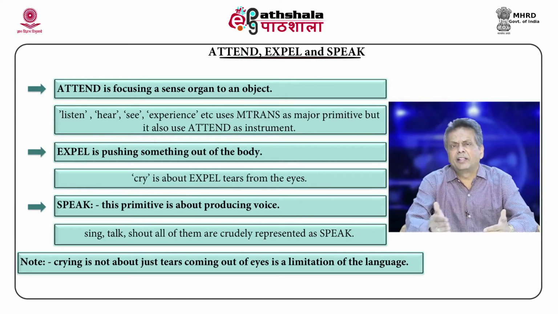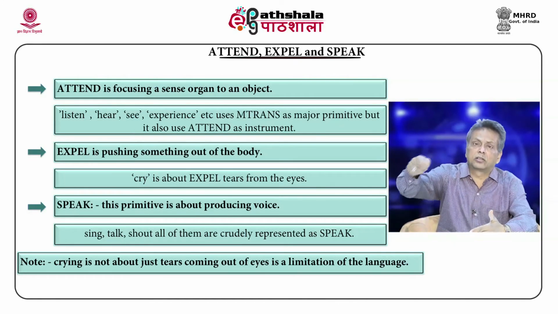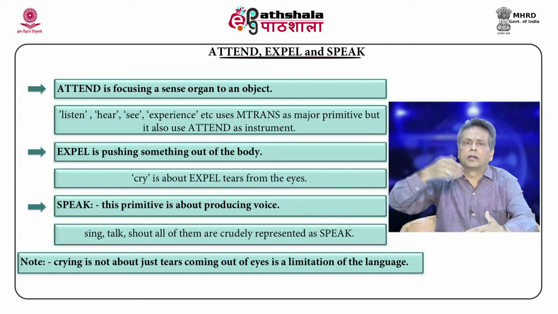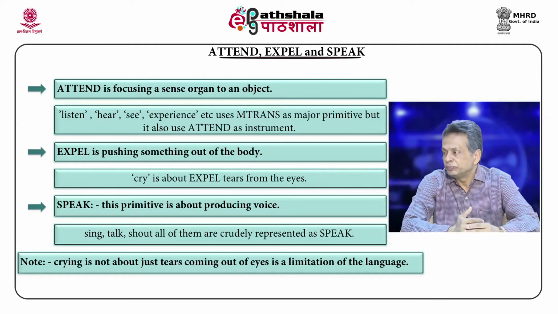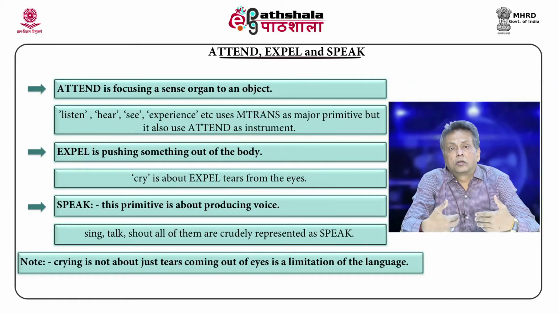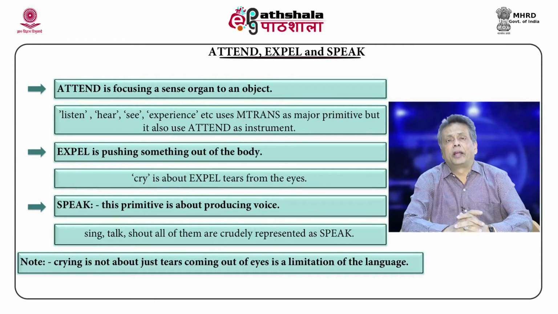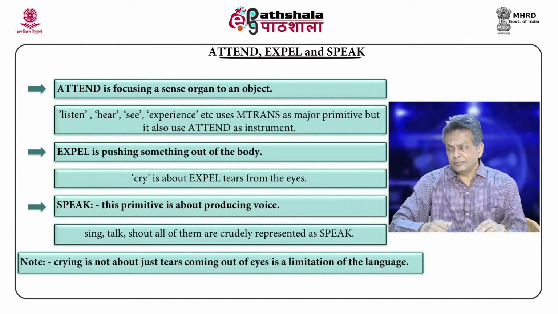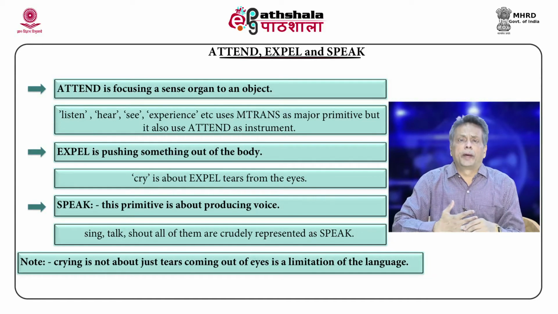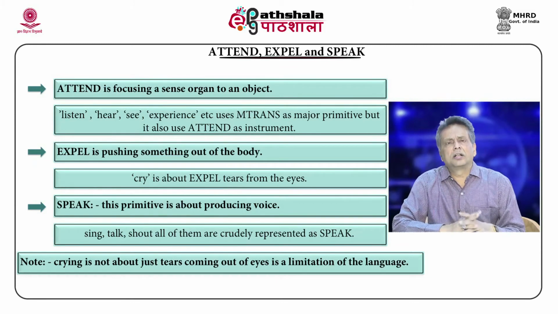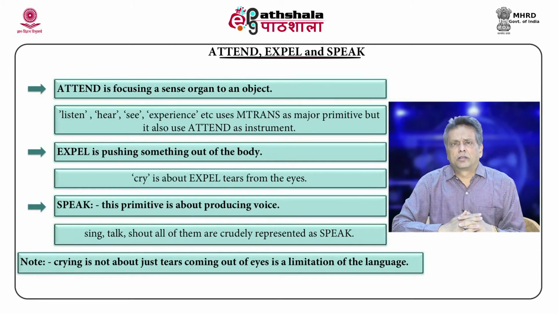So, attend is directing your sensing organ to something which is coming from outside. The other one is called expel, forcefully throwing something out. For example, when I am crying, the tears are expelled out of my eyes. And one more called speak, generate a sound. So, these are all examples of primitives.